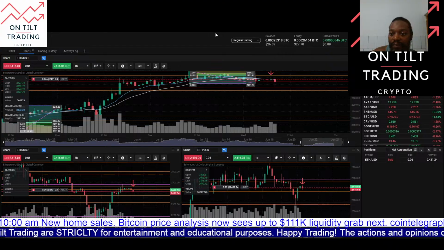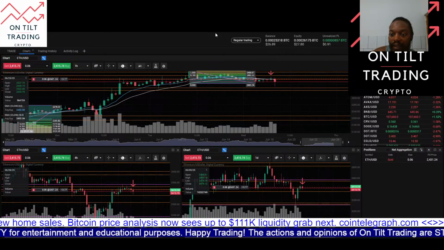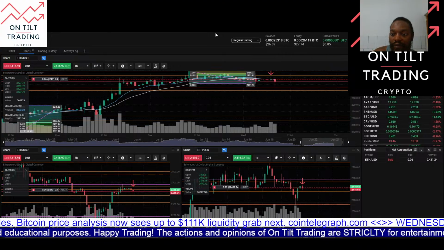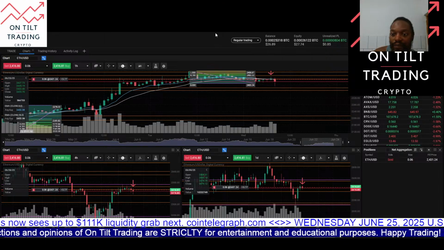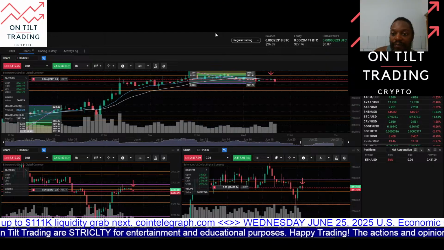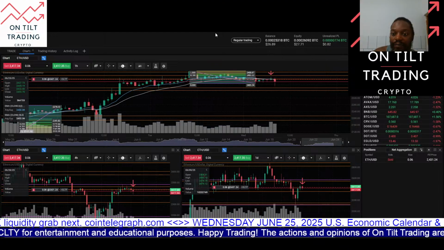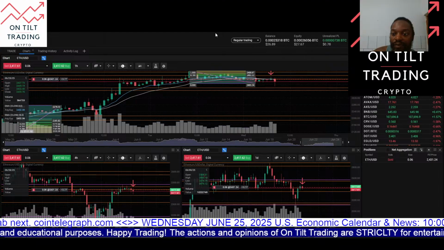Price being delivered to the buy side, consolidating up here at the 2416 level, now approaching 2417. $24.18.